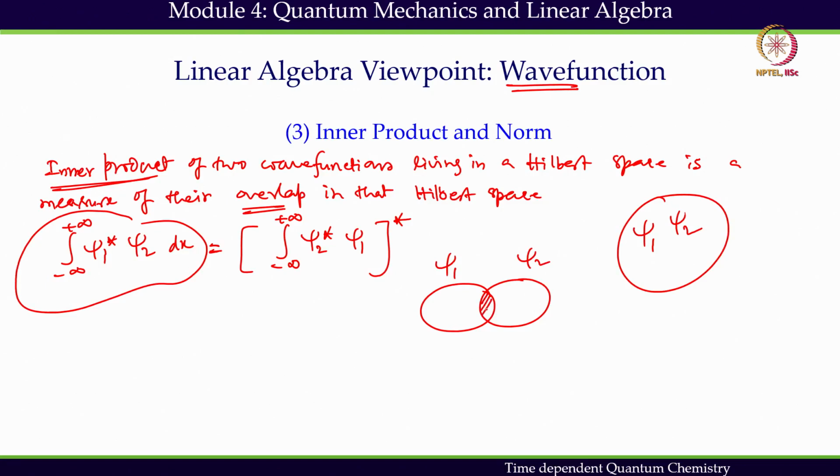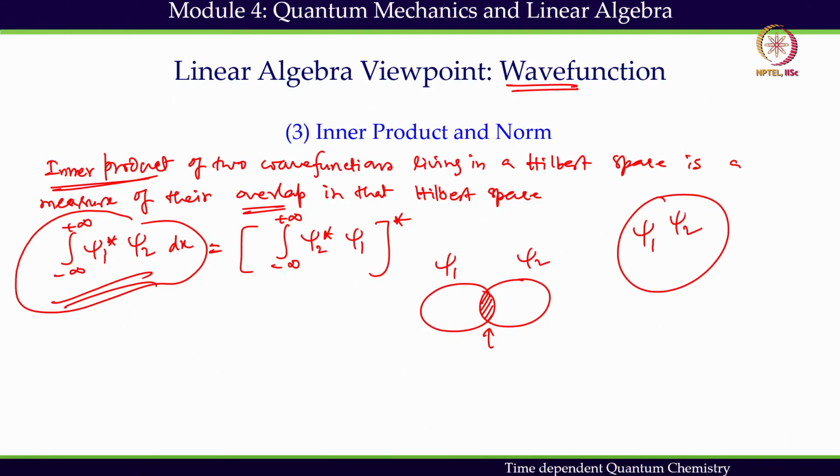So, overlap means how much space they are sharing, that is called overlap. This is the overlap part, and this integration will show how much overlap we have between two wave functions in the Hilbert space.